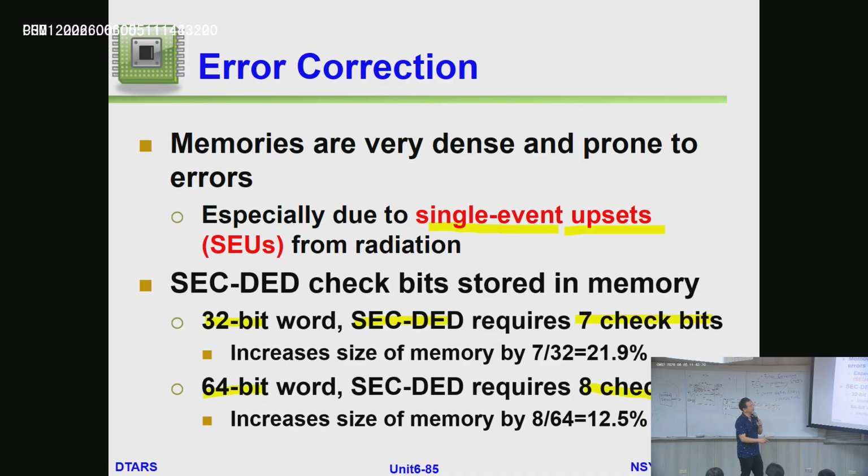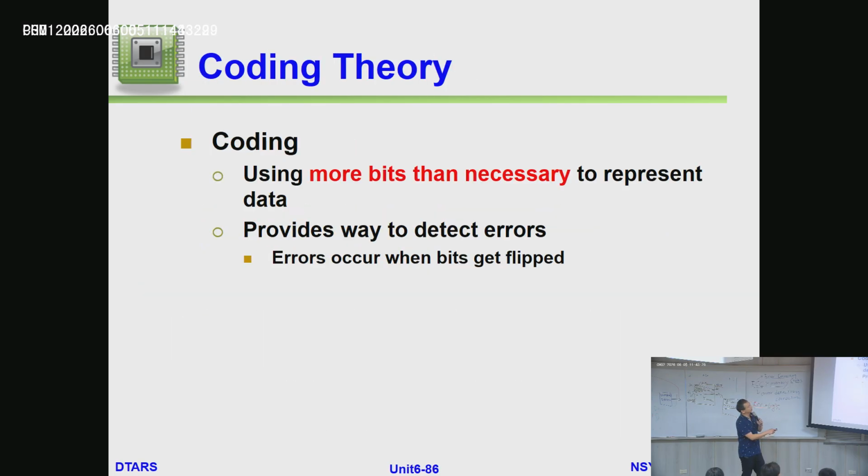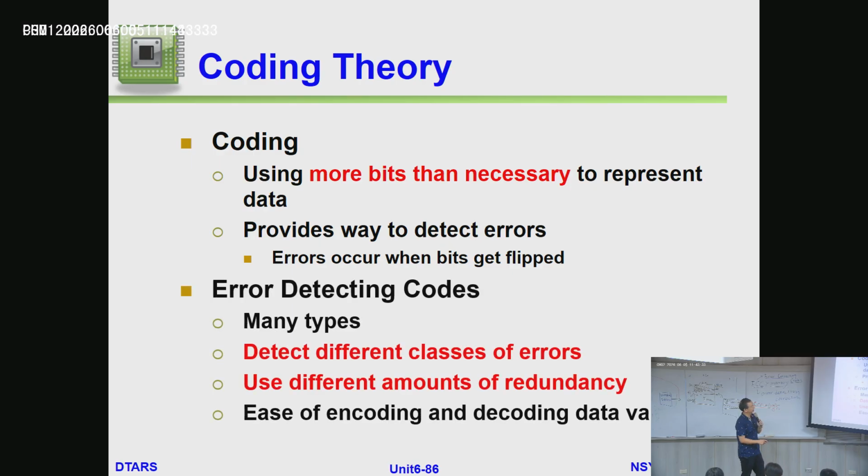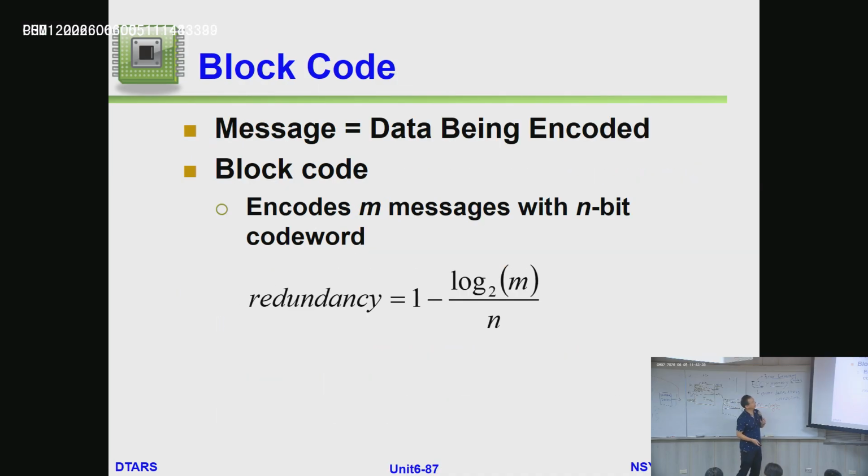This means that originally we need 32, now we need 39 for every piece of information. So more bits than necessary to detect the errors and then to correct the errors.